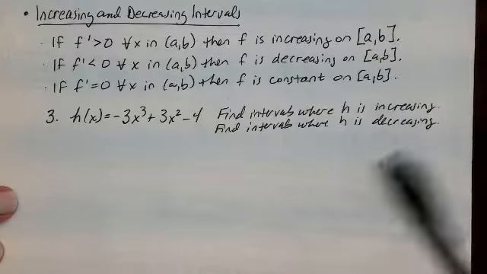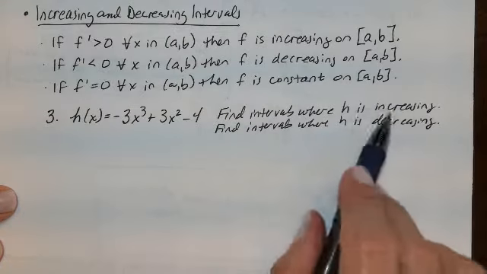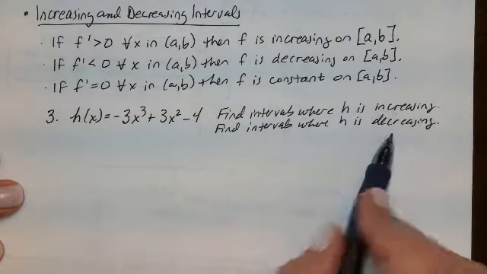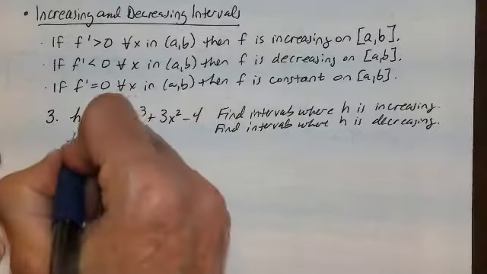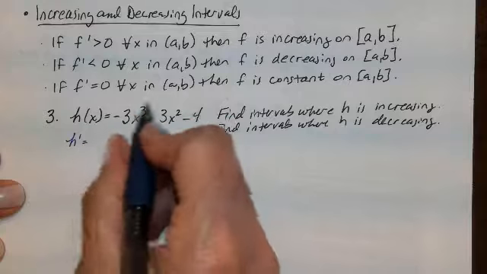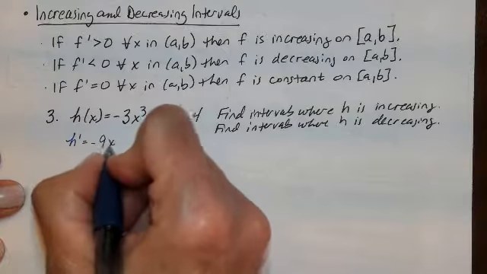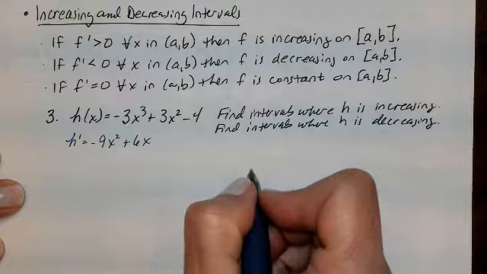All right, let's go ahead and answer this question. So if I'm asked about increasing or decreasing, I know I need to find the derivative. Okay, so h prime is equal to negative 9x squared plus 6x minus 0.